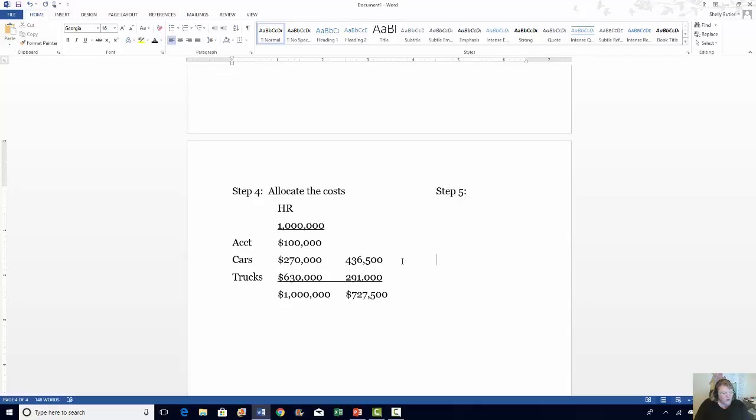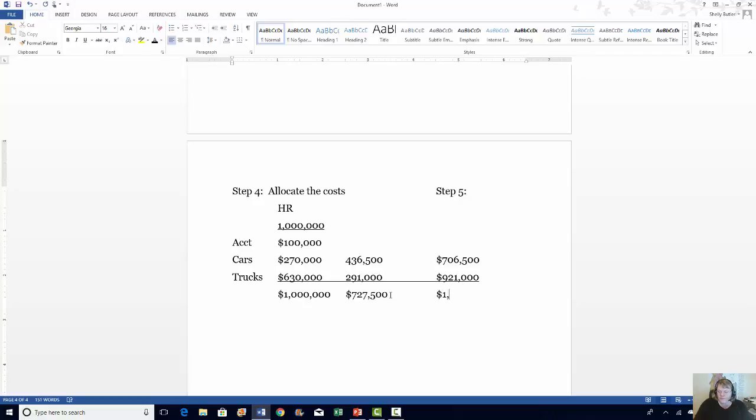So for cars, our total here is, put the $ sign, 706,500. And trucks is $921,000.